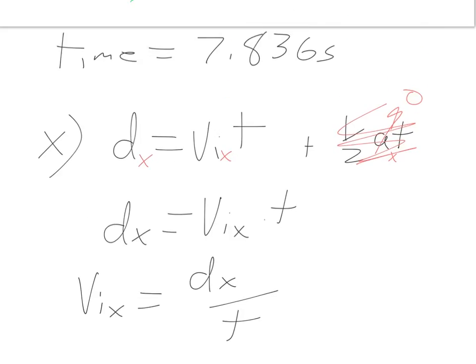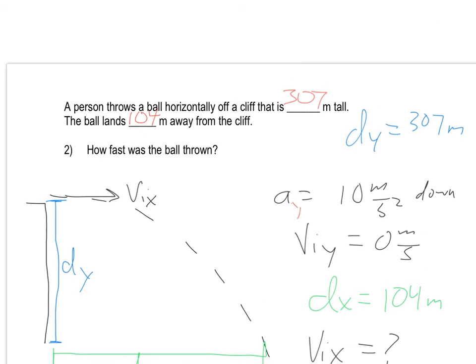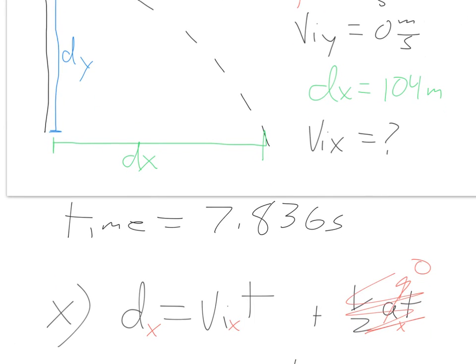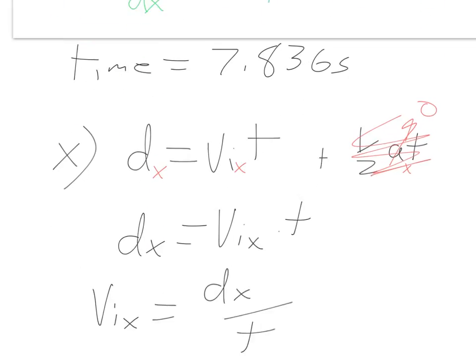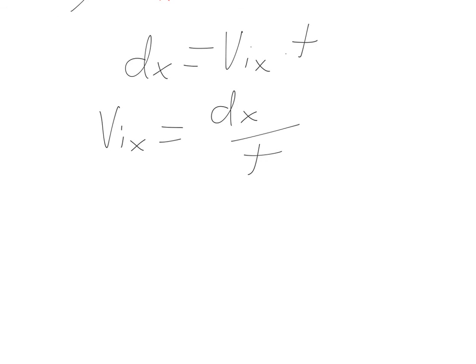So let's finish this problem. Looking back at my picture, my range, or my dx, is 104 meters. I know this because it's in the given information. The time we solved for in part 1 is 7.836 seconds. So all we have to do is plug it into velocity is equal to distance over time, where we're just being mindful of the direction.